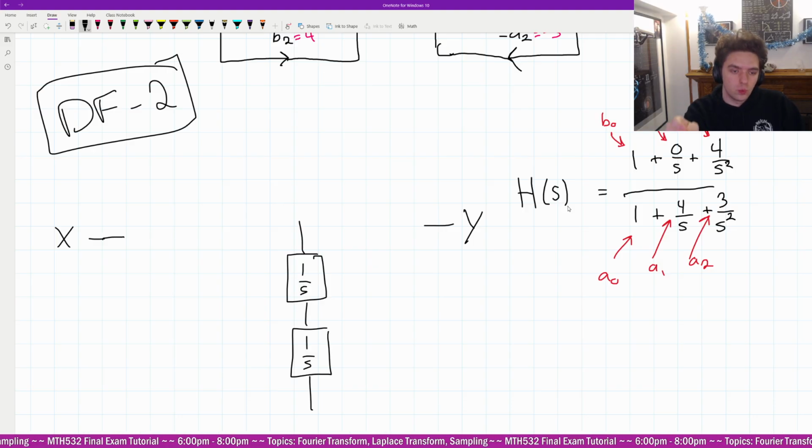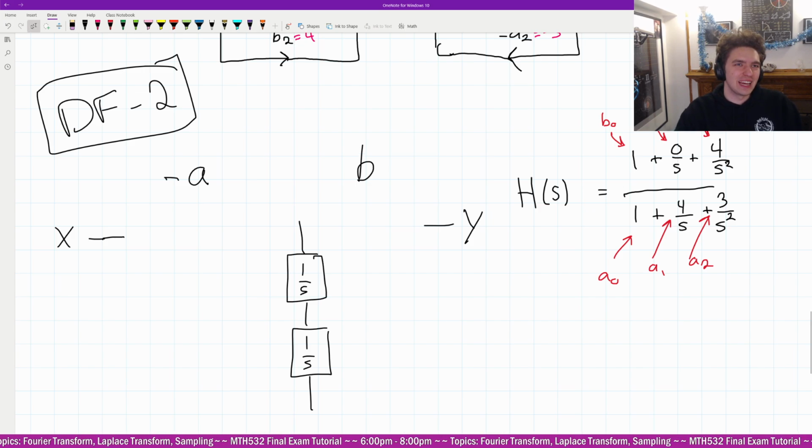So now the A values go here, but I think they're also negative, and the B values go here. I don't know if that's right. I'm gonna check that, but that's the only thing I always forget here, which way goes what. So direct form 2. The A values, yeah, that matches what I did before.